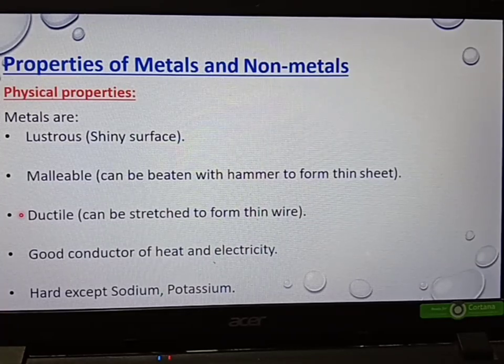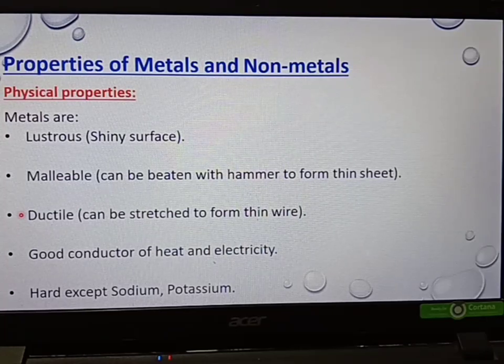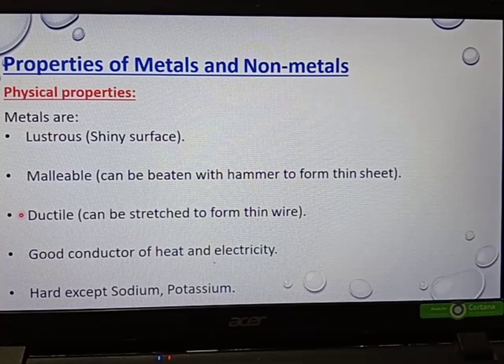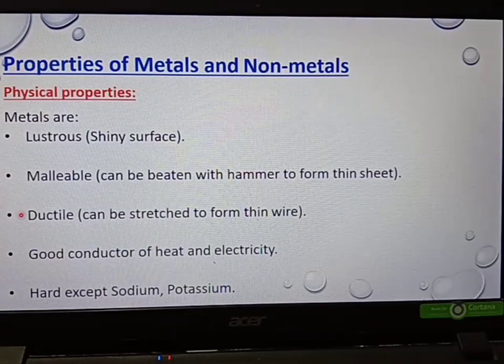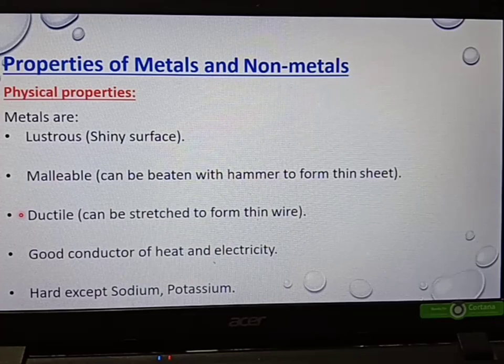It is also one of the characteristic properties of metals. Gold is the most ductile metal. Copper and aluminium are also very ductile, and you all know we use copper wires for electricity purposes.